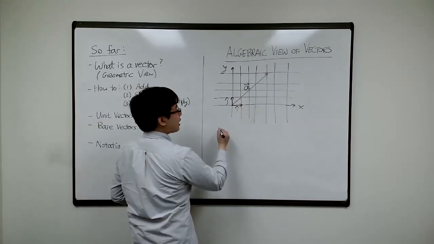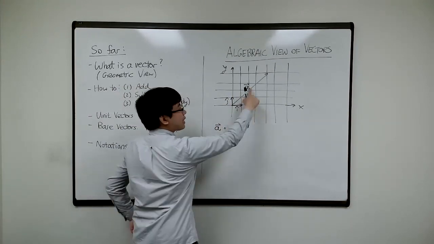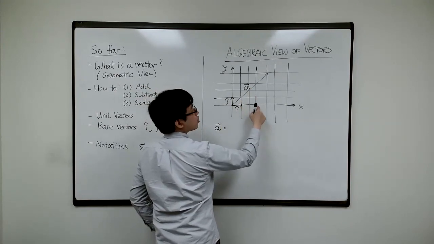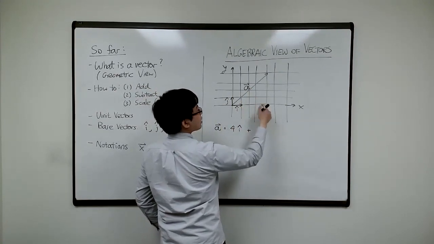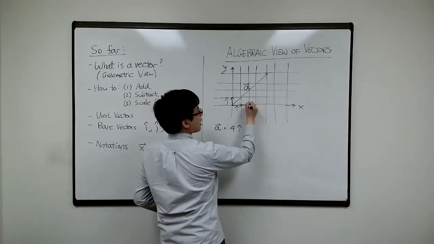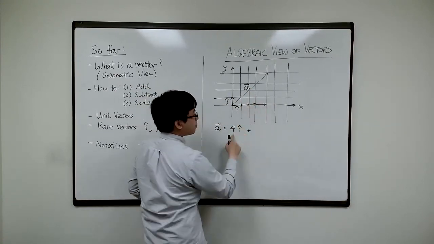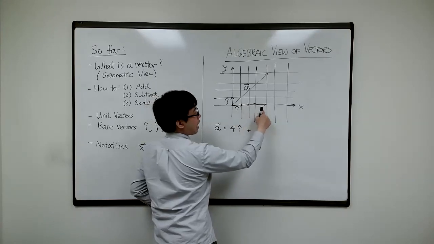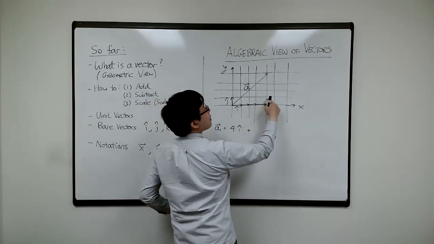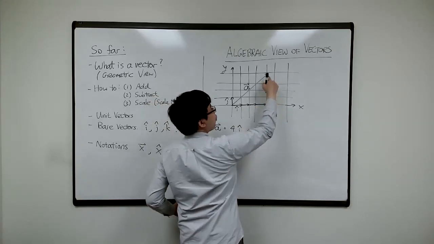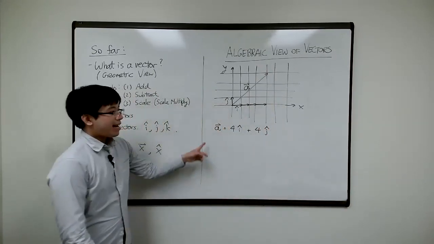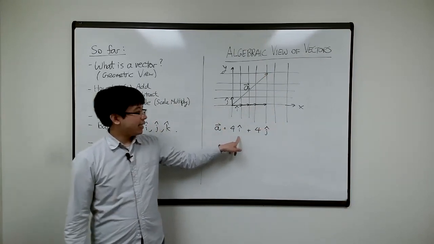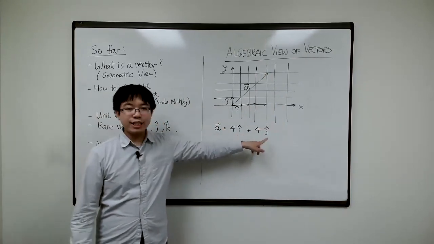I realize that A is basically made out of 1, 2, 3, 4 units of i, plus, if I add them head to tail, 4i just means i plus i plus i plus i. And then how many units upwards? 1, 2, 3, 4. It happens to be 4 as well. 4j, like this. And now I can write A in terms of i and j.